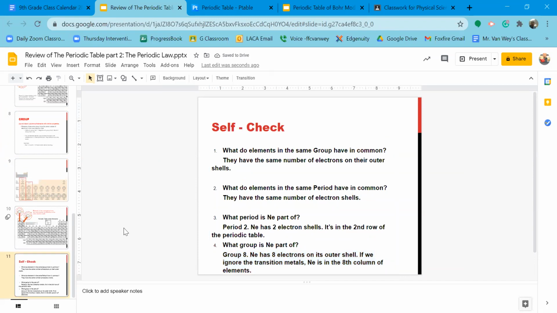Now we have to ignore the transition metals for this understanding to work, to understand groups and periods. Transition metals, they sort of break the rules. If you remember back when we were talking about how electrons move in shells around the outside of an atom, I talked about how they actually move in something that's more like a cloud.